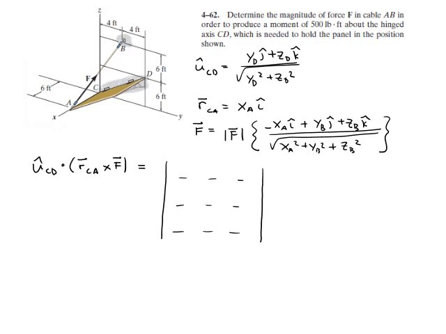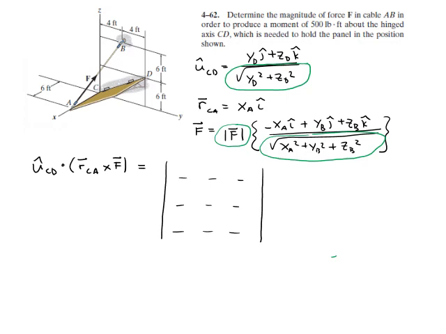Now, just to make things a little simpler, there are a bunch of constants which appear over and over again. Everything is multiplied by this, divided by that, and multiplied by this. So I'm going to take all of those constants out and put them outside of the matrix.